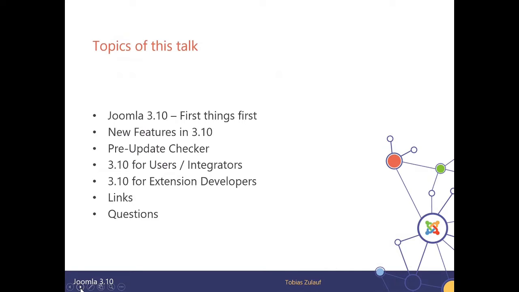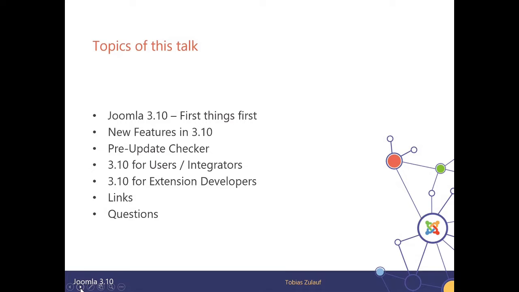Then what are the topics of this talk? The topics are 3.10, some first quick facts, basically. What new features we are going to introduce into 3.10, where features are tightly scoped. Then we're talking about one of the features called the pre-update checker.